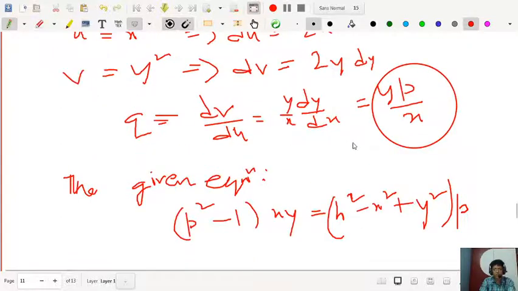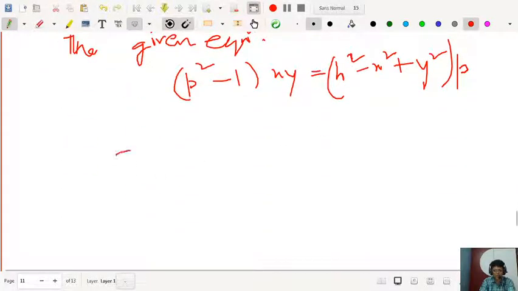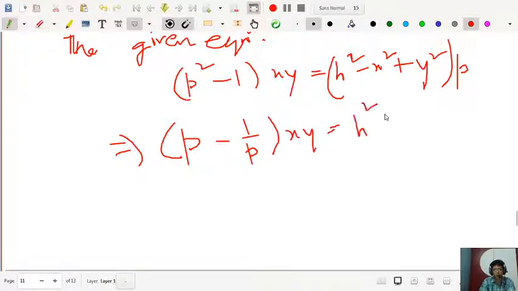Now what is your p? Okay, q is written as this. Let me write the equation first. Let me divide by p, dividing both sides by p, you will get p minus 1 by p. P is not equal to 0, obviously p is not equal to 0. Derivative, first order derivative is non-zero, so you have to mention here that p is not equal to 0.